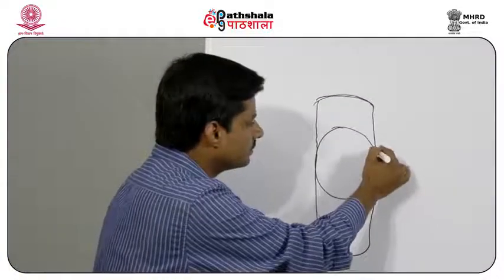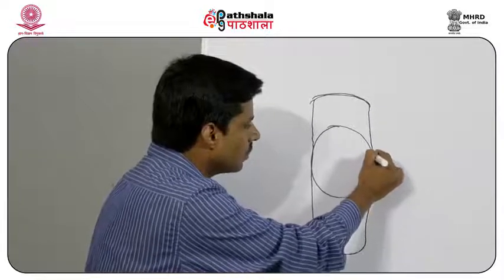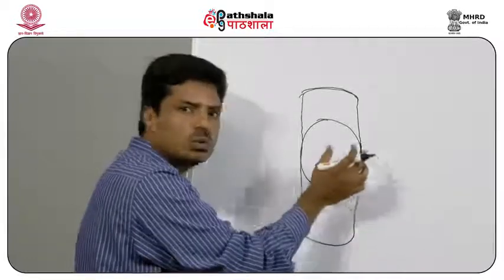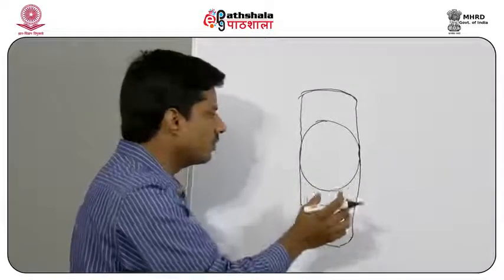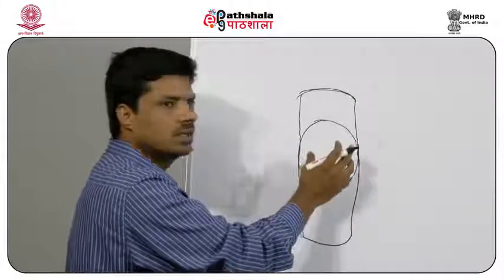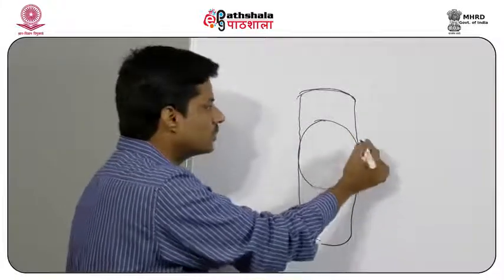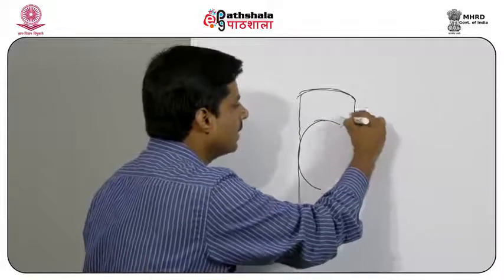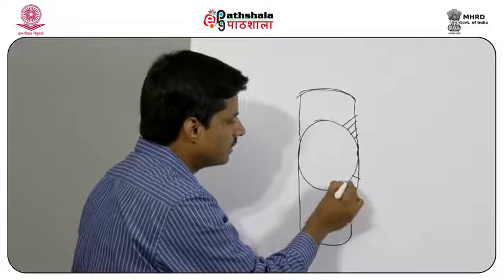The area which is touching this globe will be true to scale, shape and direction, and the area which is further away will get distorted.